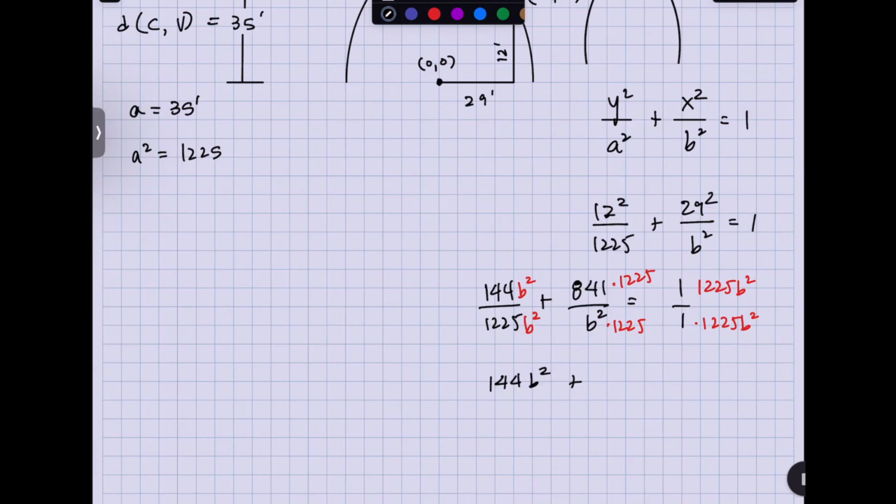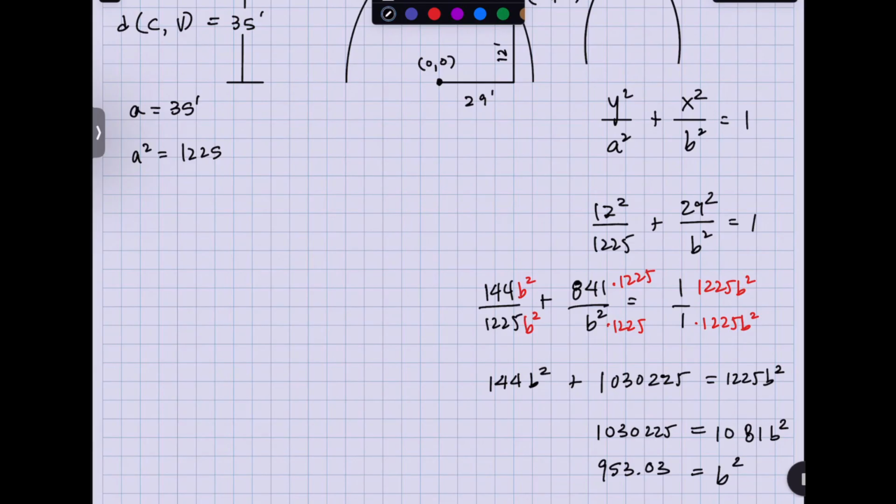Yes. What's the square root of this? Since I can't turn my phone.